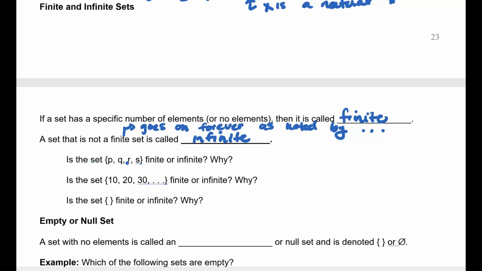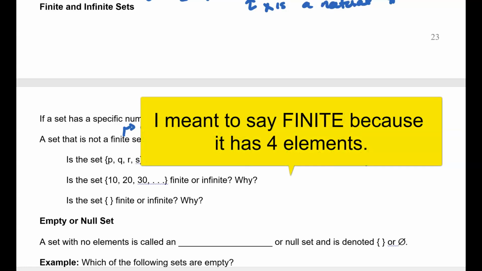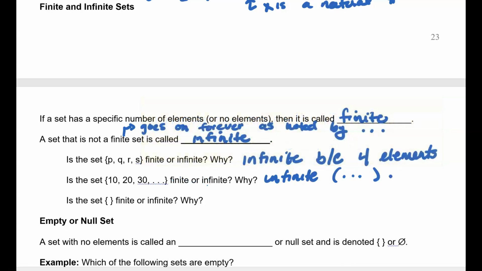Okay, so a couple of questions. Is the set P, Q, R, S finite or infinite? This would be a great place to pause the video and try these three on your own. I'm going to say it's finite because there's 4 elements. You can count them. Is the set 10, 20, 30, dot, dot, dot, finite or infinite? I'm going to say it's infinite because of the dot, dot, dot.